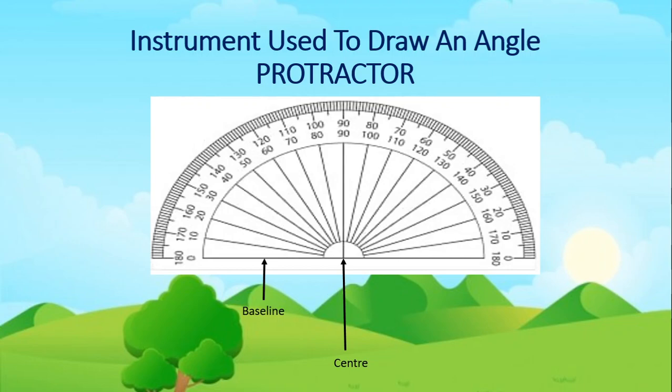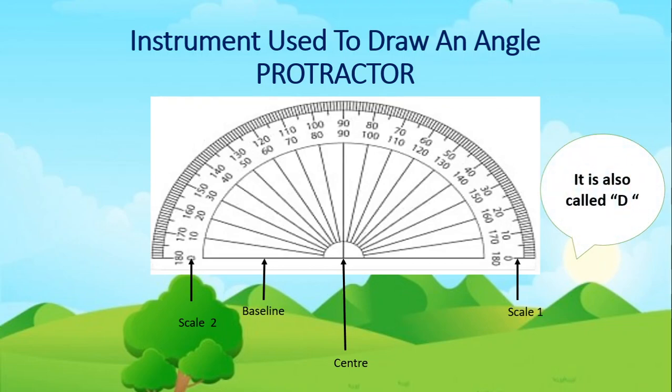One side from where 0 is there, the scale starting from that side is called scale 1, and from the other side is called scale 2. You can see the protractor or the D.